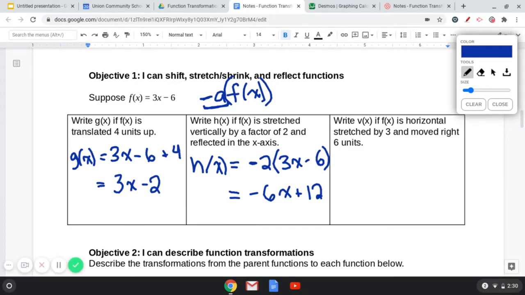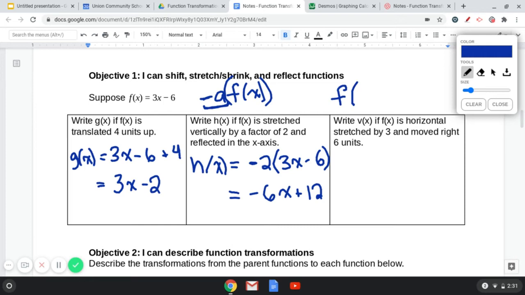And now we're going to write a function v of x if f of x is horizontally stretched by 3 and moved right 6 units. Okay, so as a general rule, this is going to be f of horizontally stretched by a factor of 3.